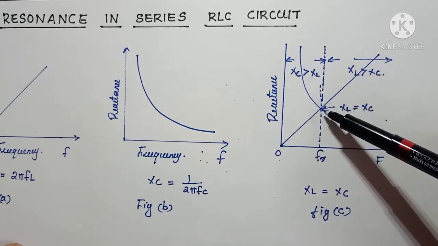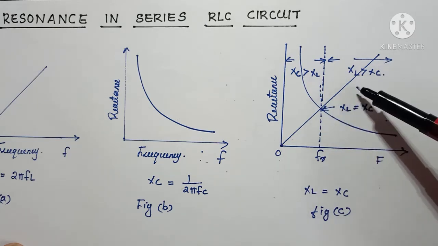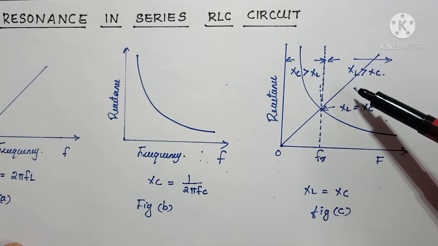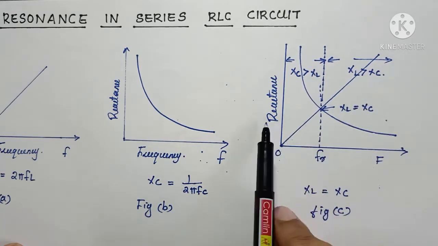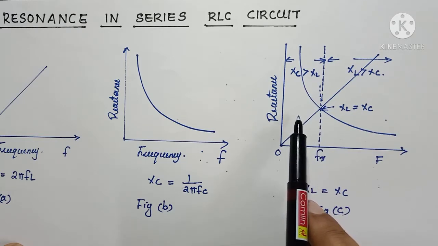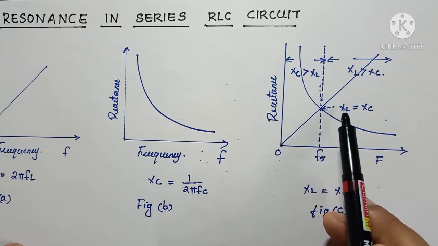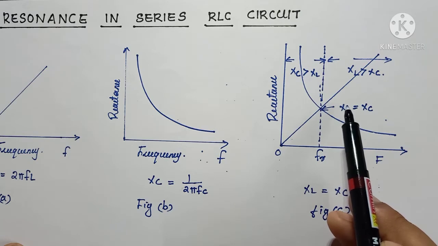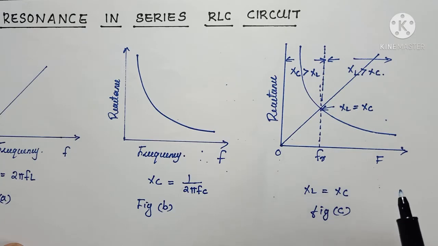So after the resonance frequency, the circuit shows a pure inductive effect. Is it clear? Before the resonance frequency, the circuit will be capacitive in nature, and after the resonance frequency, the circuit will be inductive in nature. This point is very important for technical exams, so remember it.